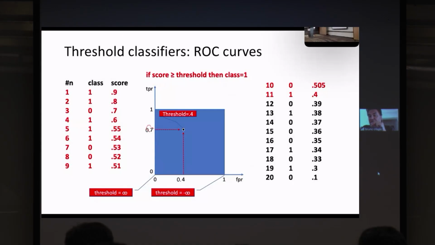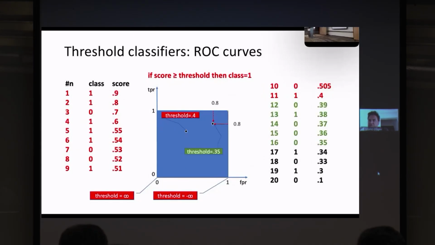At the cost of some false positives, because you can see also that these are classified as anomalies while they should be normal traffic, so they should not be considered as anomalies. So you have a 40% false positive rate. And this gives you how the classifier behaves with the threshold 0.4.